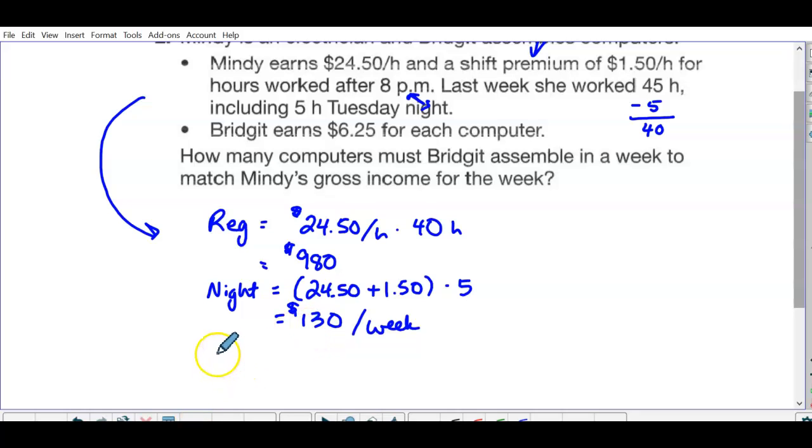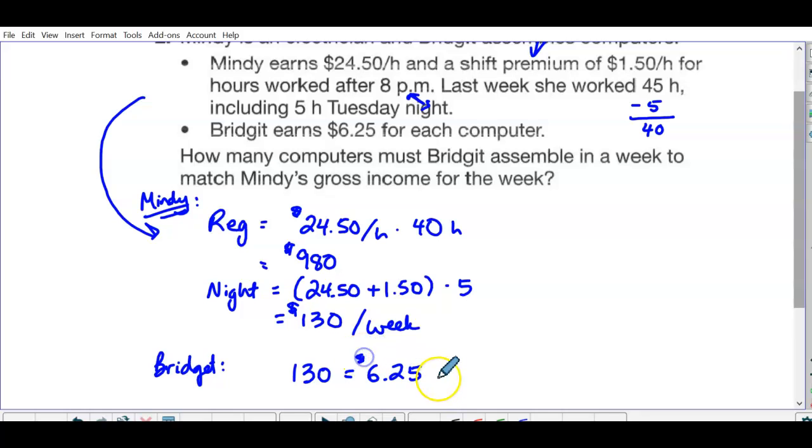So this is for Mindy, I'll just put this over here, and this is for Bridget. We want her pay to be $130, and she's going to get $6.25 per computer, right?